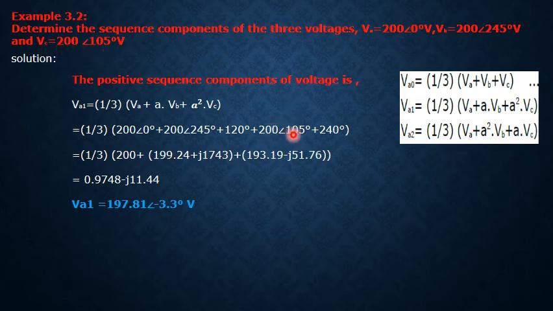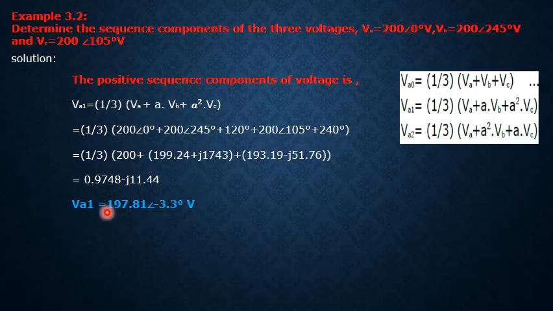What is the value of VC given? 200 at an angle 105 degrees. And what is the value of a square? 1 at an angle 240 degrees. As the magnitude is 1, we get 200 into 1 at an angle, and we add these two angles: 105 plus 240 degrees, where 240 is the angle of a square.